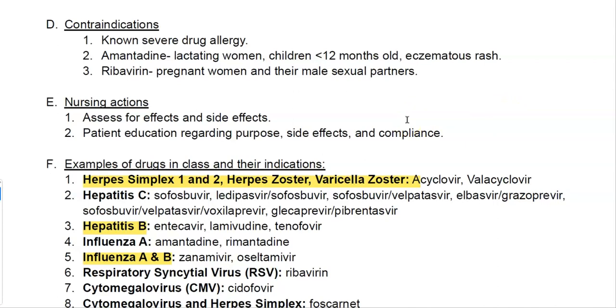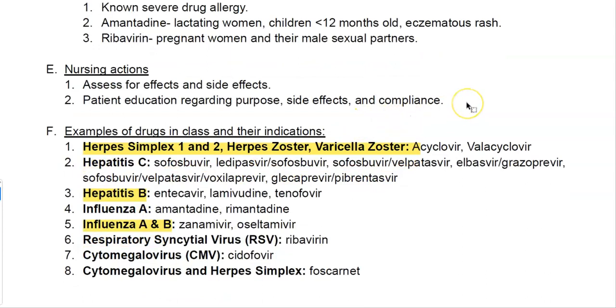Ribavirin is contraindicated in pregnant women and their male sexual partners because of its teratogenicity, or its chances of affecting the developing fetus. Nursing actions, obviously, assess for effects and side effects, and include patient education regarding the purpose, side effects, and compliance. Again, it doesn't mean that if they're asymptomatic, they can just stop taking the medication.